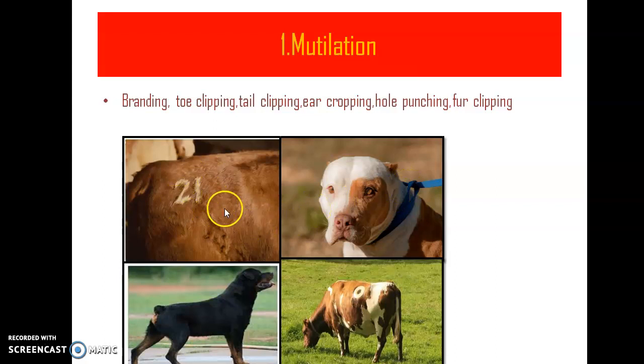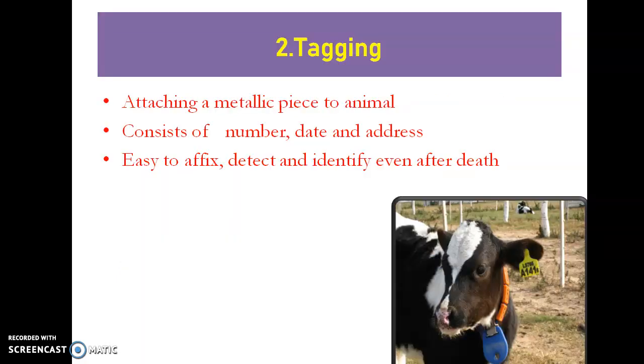Okay, then branding means we impress some kind of number or written mark on the skin of the animal. This is called branding. So these are the common methods employed in mutilation, one of the methods employed in marking mammals. Then comes the tagging.